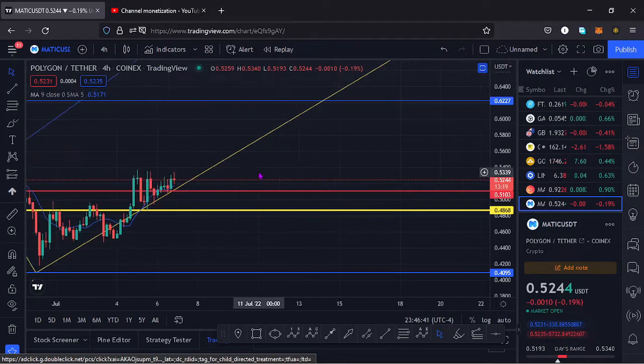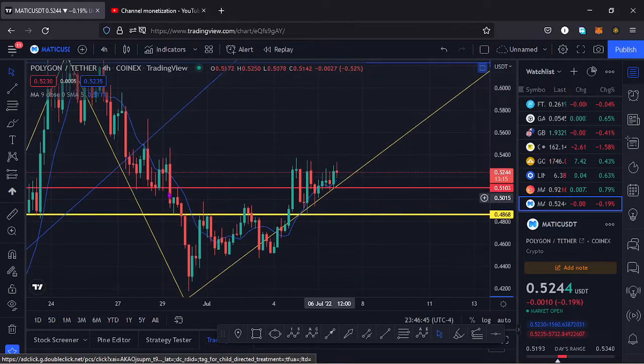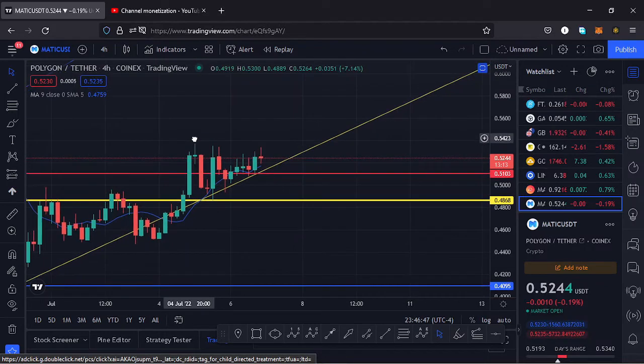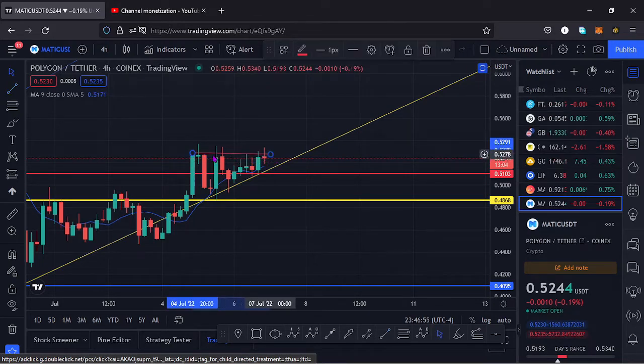And here I have a pattern also which is showing us some bullish momentum, or a breakout to the upper side might be in formation. So I have this horizontal resistance over here.